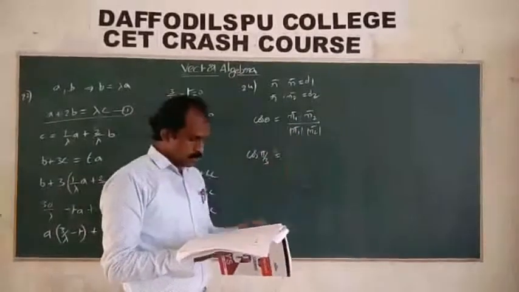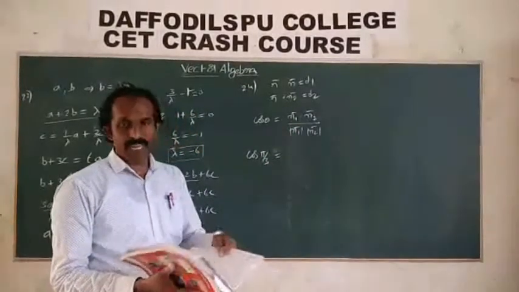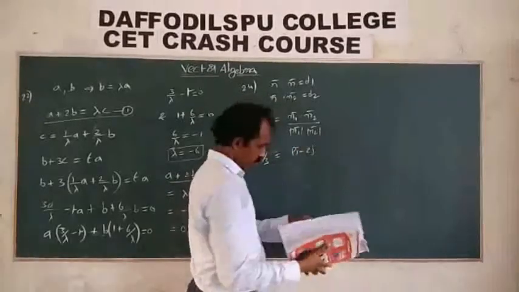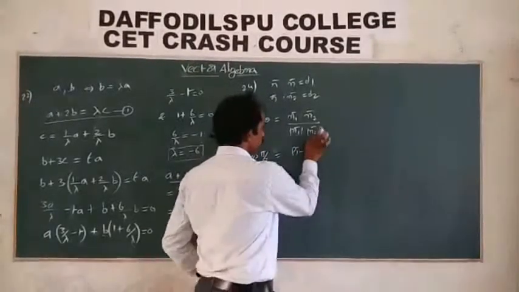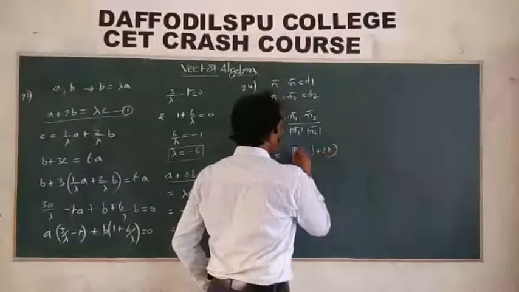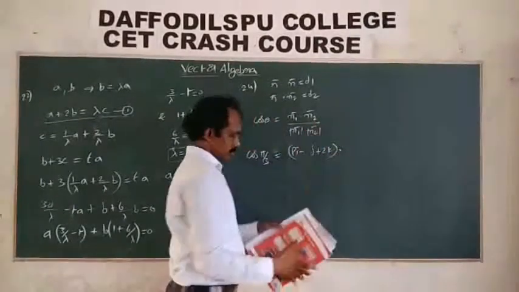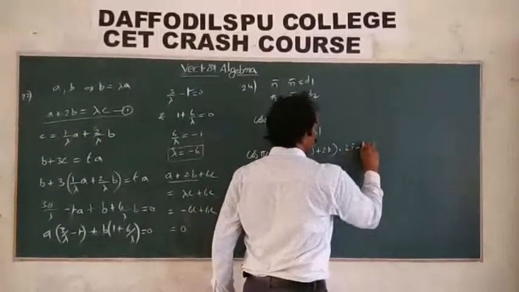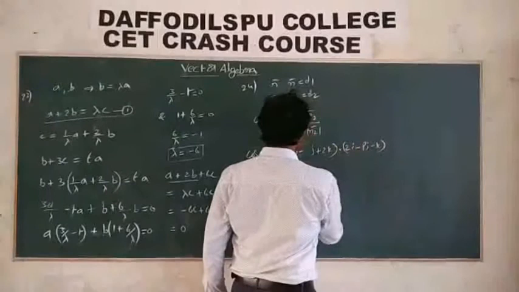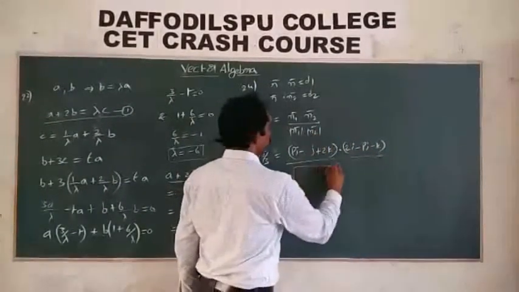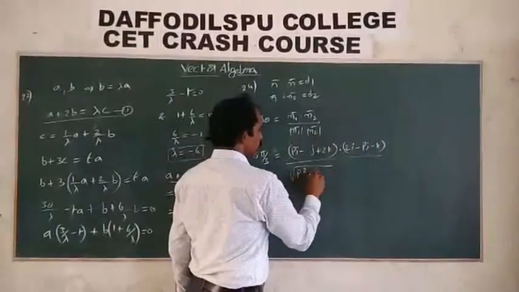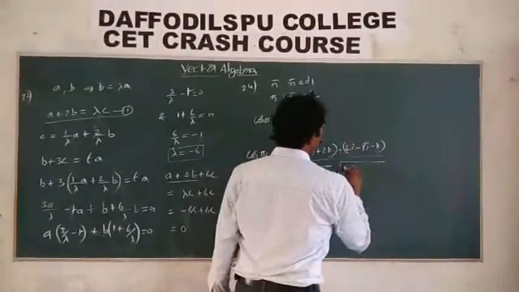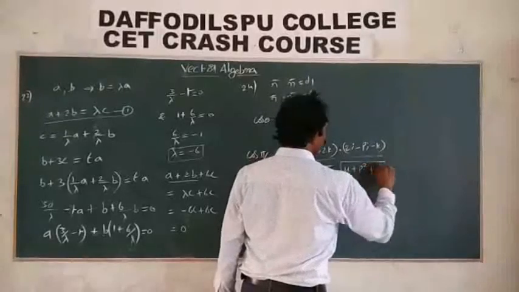Then substitute N1: first plane R bar dot (i minus j plus 2k), and N2 means 2i minus Pj minus k, divided by modulus, square root of P square plus 1 plus 4. Next, 4 plus P square plus 1.